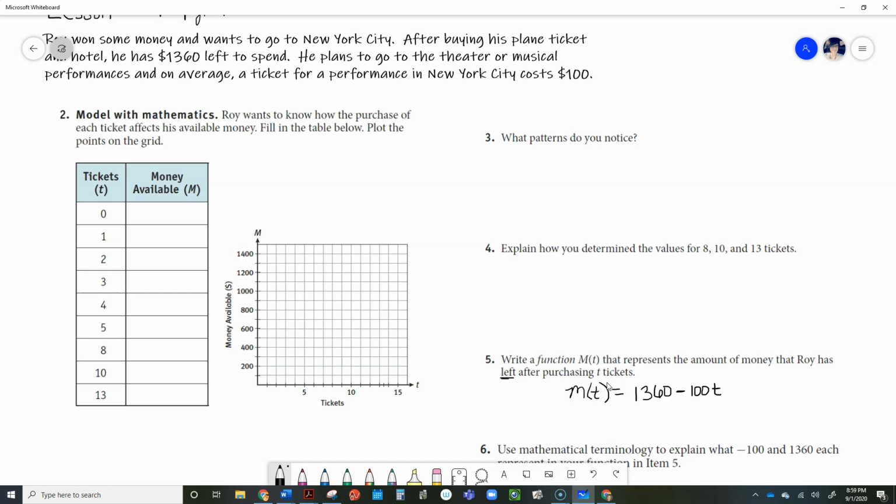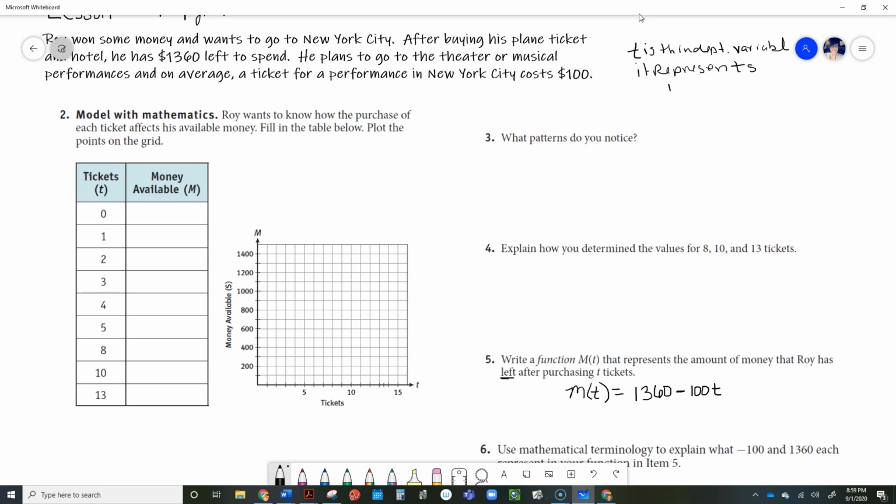All right. And we should point out up here that T is the independent variable. And the reason that I'm writing this is because this is what you have to answer in your homework question.